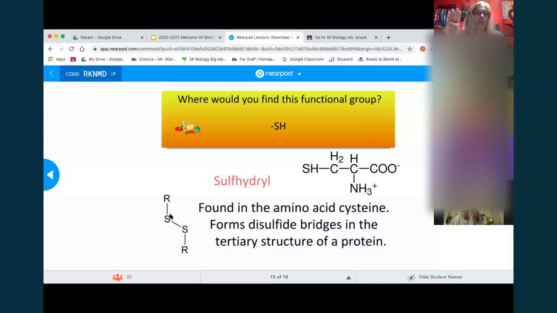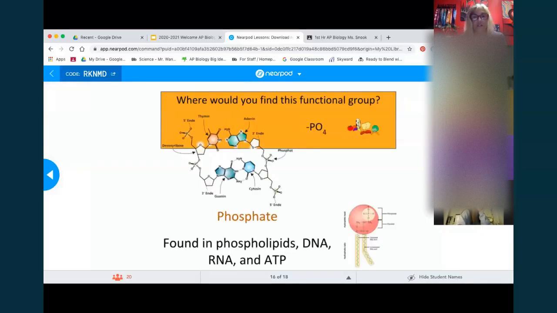Tertiary folding is like the whole sequence folding in together, and sulfhydryl bridges play a big role in stabilizing that tertiary structure. So here we see just the sulfhydryl group, and here we see that disulfide bridge. We're going to talk about proteins next week, so we'll get into the disulfide bridges a little bit more.